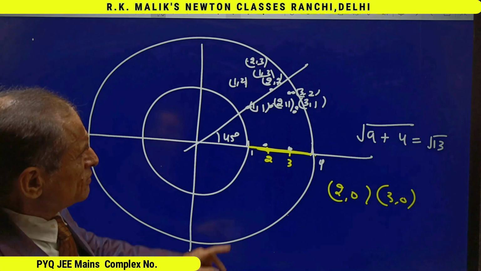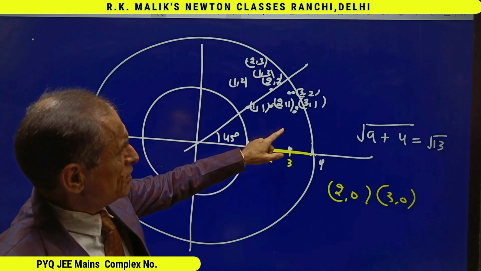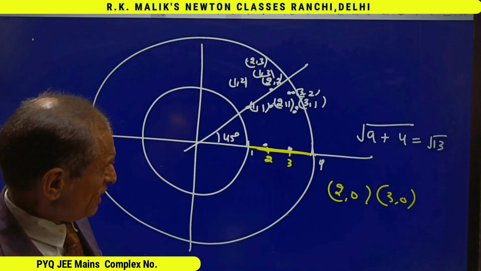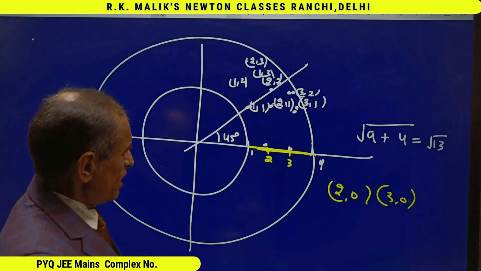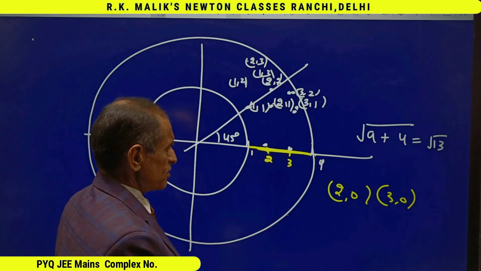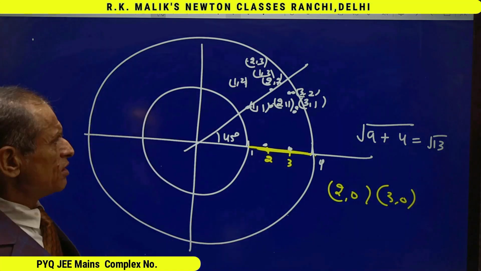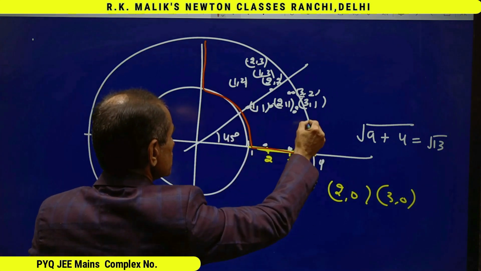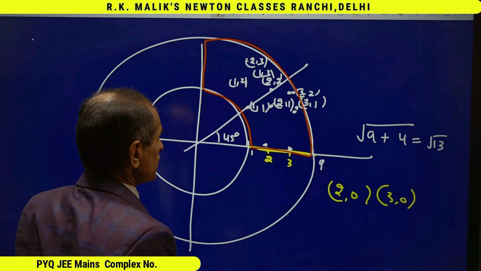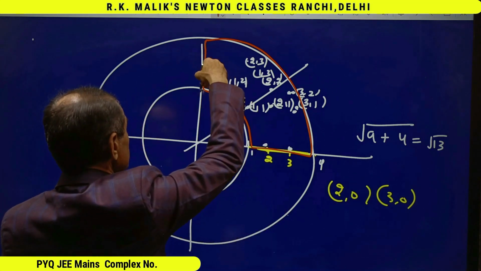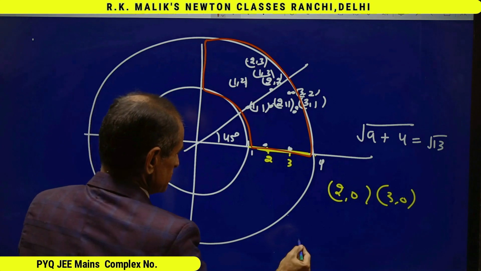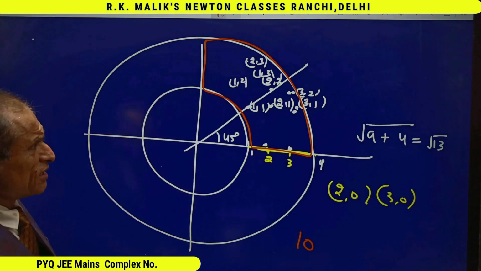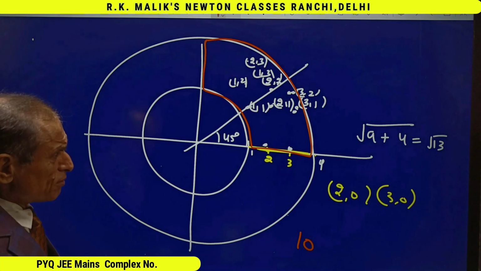That is 3 plus 3, 6, and 2 points here, 8, and 2 points here, 10. Hence we have found that in this portion the number of integral points excluding the points on this is 10, and because of symmetry I can say the total number of integral points will become 40.